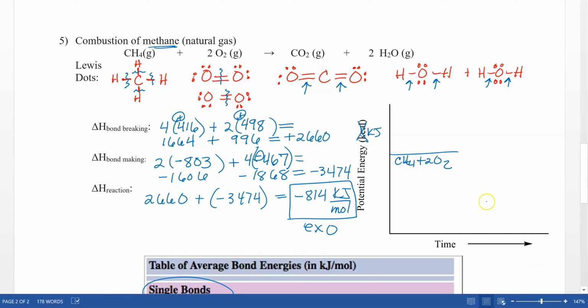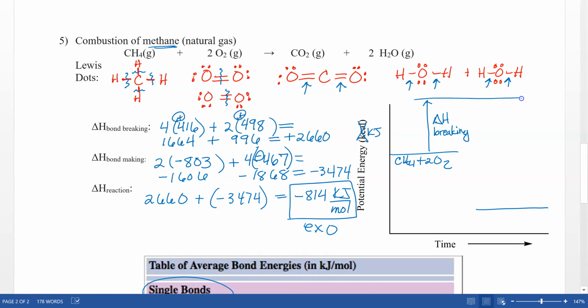And I know at the end, I'm going to end out lower down here somewhere. So I'm going to show that we go up first. This is the delta H of breaking our bonds, and that's going to be a positive value.